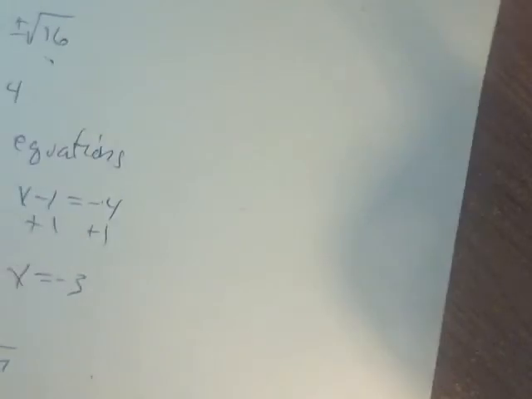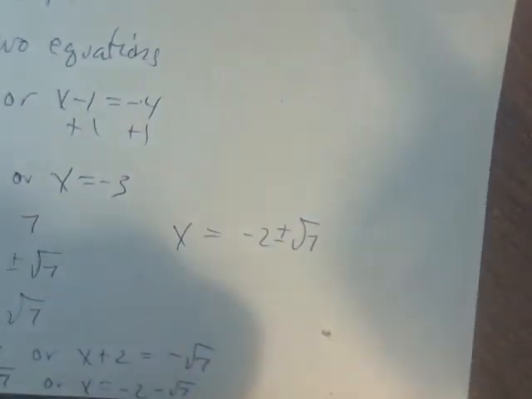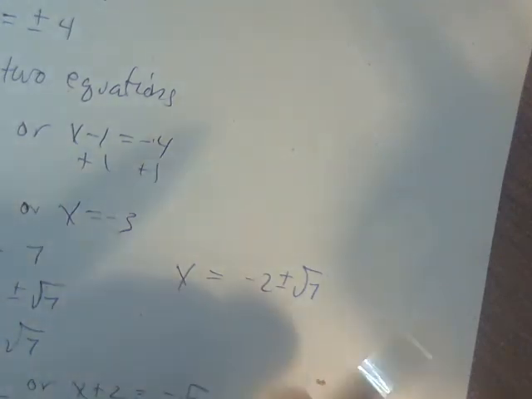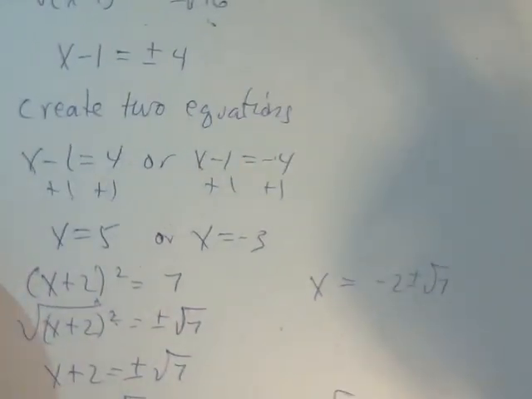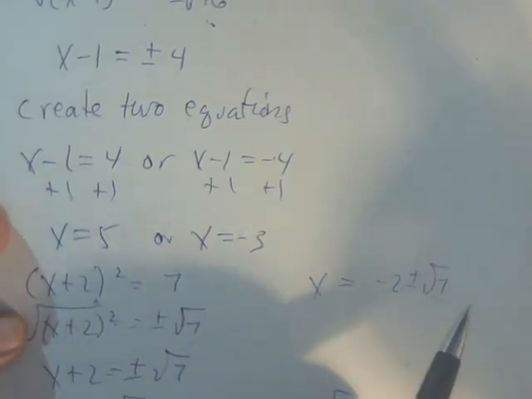Sometimes they may accept, I don't know, it's always changing, plus or minus the square root of 7. So there's various ways that you can illustrate these answers. It depends on what they're looking for. So anyway, that's your square root method. Like I said, the next video will show you how to break down a square root that may be able to be simplified.